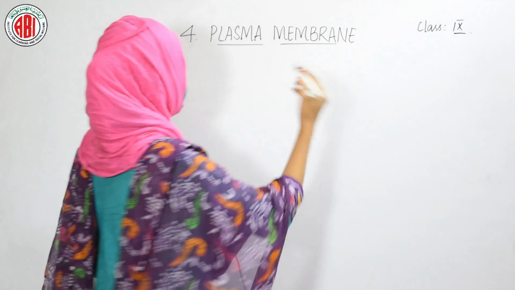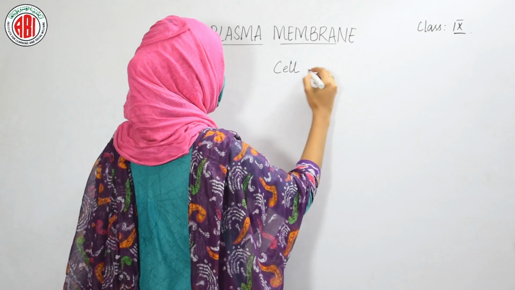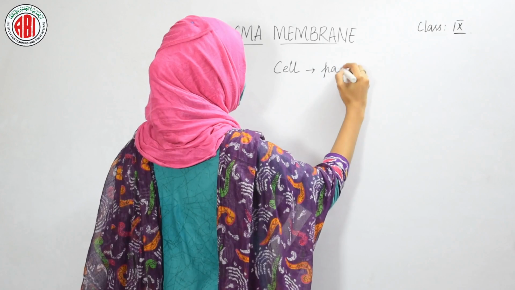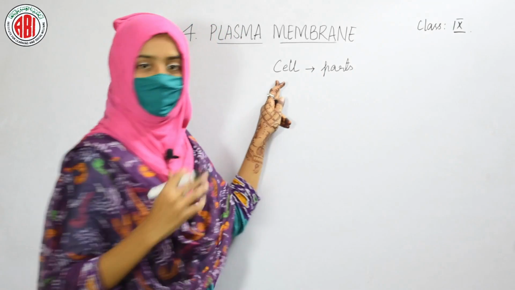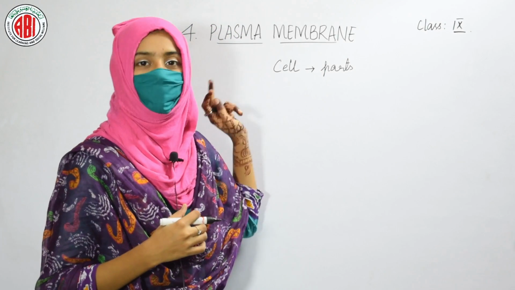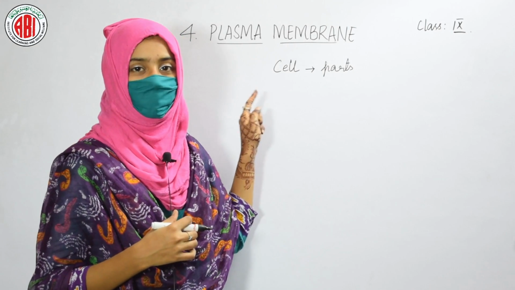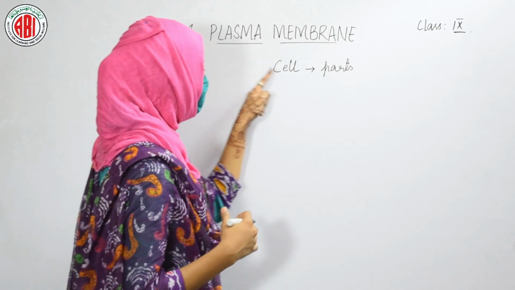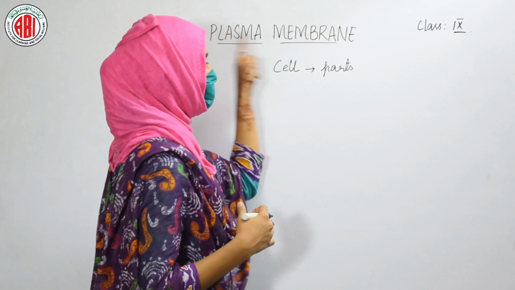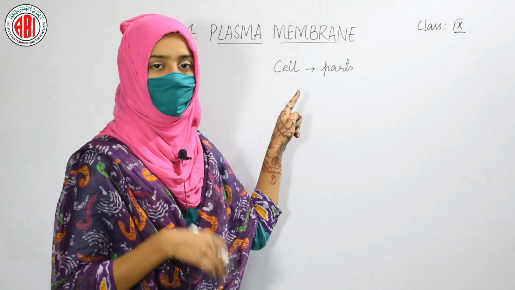In the previous lesson, we have discussed about the cell and the cell parts. Cell is nothing but a basic structural and functional unit of all the living organisms. All the living organisms are made up of number of cells, and that cells show the different parts which we have already discussed.